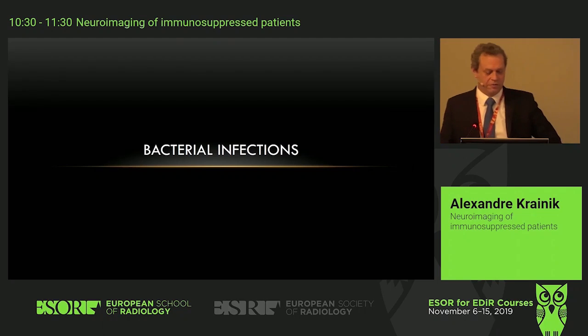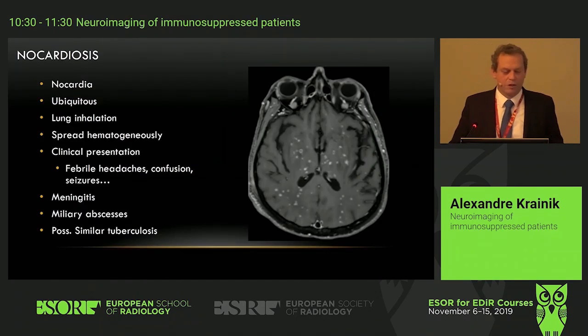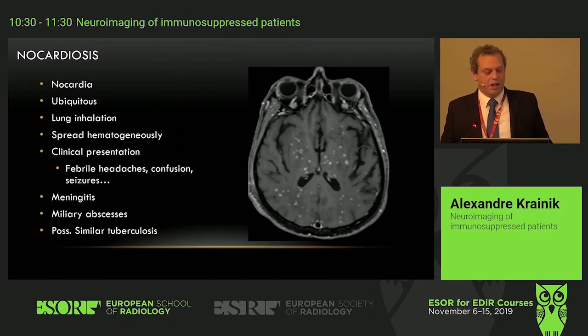What about bacterial infection? I will only deal with nocardiosis. Nocardiosis is an ubiquitous bacteria involving the lungs, and the spread is heterogeneous. And then you'll have some abscesses in the brain, very similar to miliary tuberculosis.